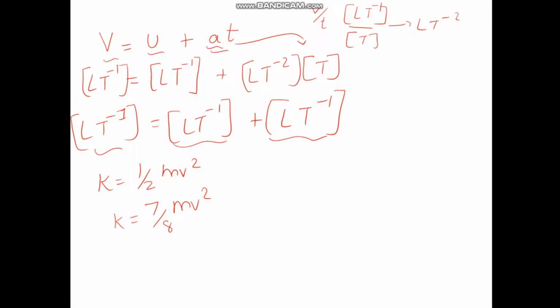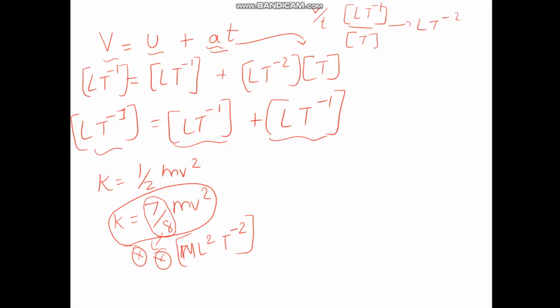If you check the dimensional analysis, it comes out to be M L square T power -2, which is the same, but since the number does not have any dimension, we are not representing it. This equation K is equal to 7/8 mv square is dimensionally correct, but physically it is a wrong equation. So we can say that all dimensionally correct equations are not physically correct equations.